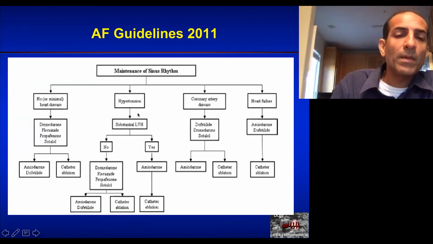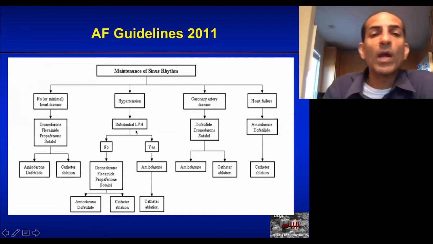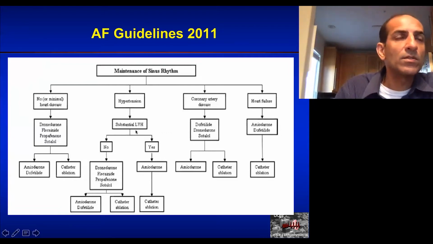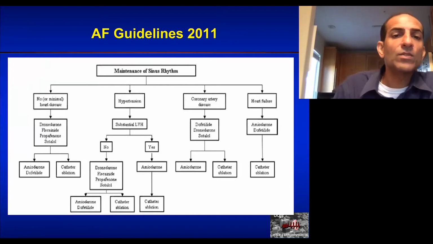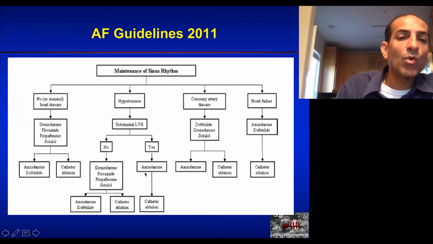Now, the second set of patients would be patients who have atrial fibrillation associated with hypertension, which is very common. It's the most common cause of atrial fibrillation as people get older. So in hypertension, you have to do an echocardiogram on these patients to look at the thickness of the ventricle. If the ventricle is very thick, if they have substantial left ventricular hypertrophy, then unfortunately, most of these other drugs are not indicated as per the guidelines.